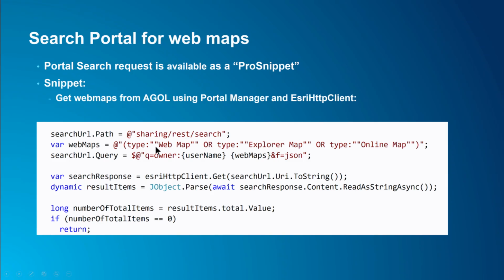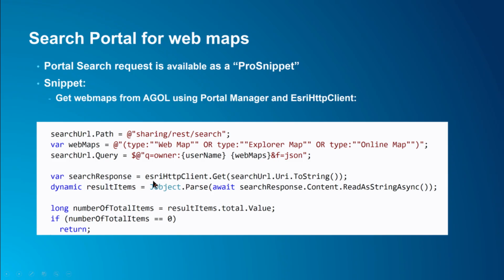And in this case, I specify my query. So I say query for type web map, type Explorer map, or type online map. So that would be my query. And here you also see I specify the owner. So in this case, it will only give me web maps where the owner is the specified username.